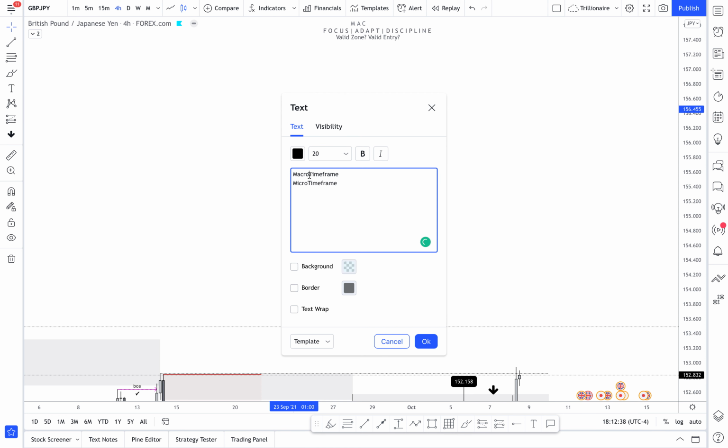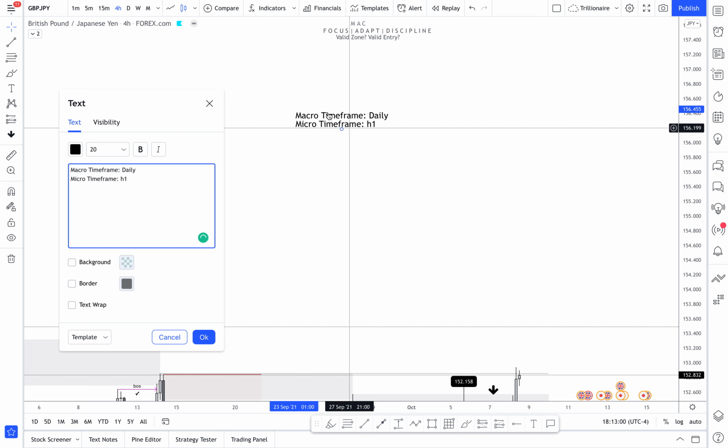Now, I'm going to show you how to properly correlate different time frames together. But just for an example, you could have a macro time frame of the daily, and a micro time frame of the H1. Why is this important?